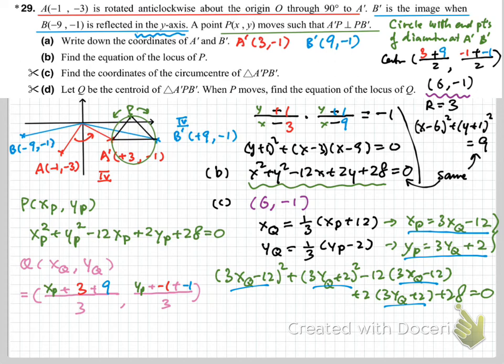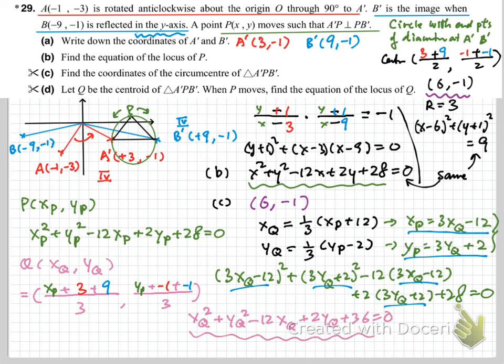Alright, I suppose you did the simplification during the pause, and we have the final answer to this one: xq squared plus yq squared minus 12xq plus 2yq plus 36 equals to 0.